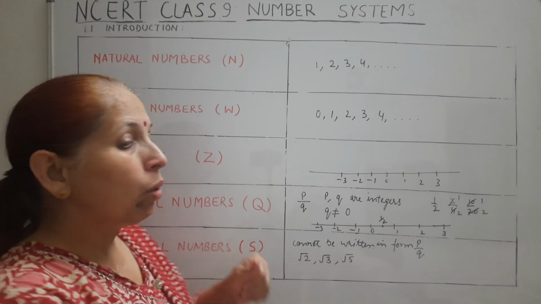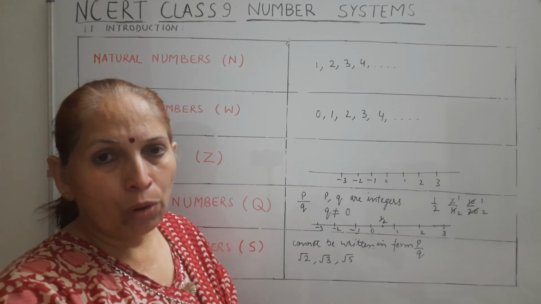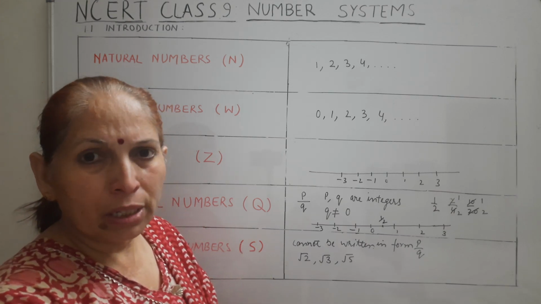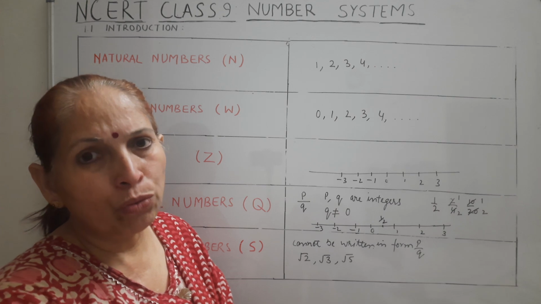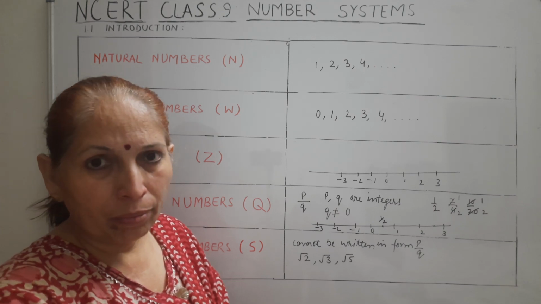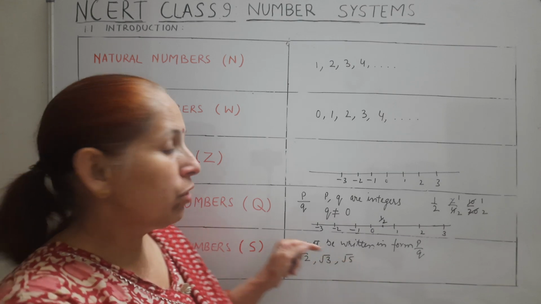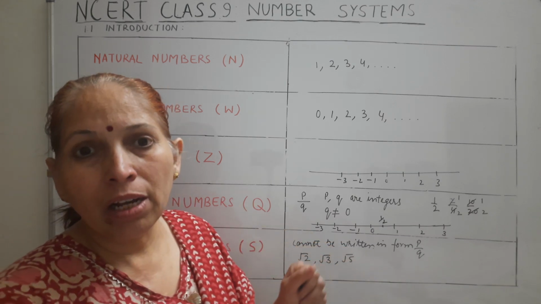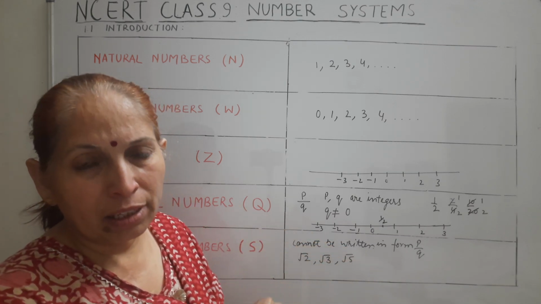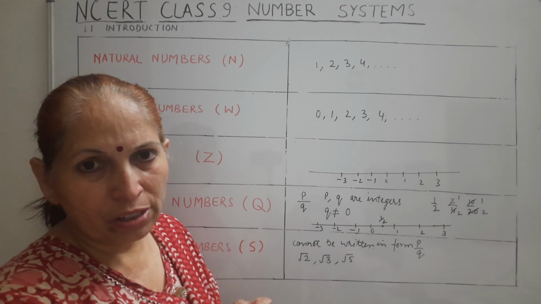Irrational numbers were initially found out by the Pythagoreans somewhere around 400 BC. So these can also be represented on the number line just like the rational numbers. We will be taking that in the next few sections.